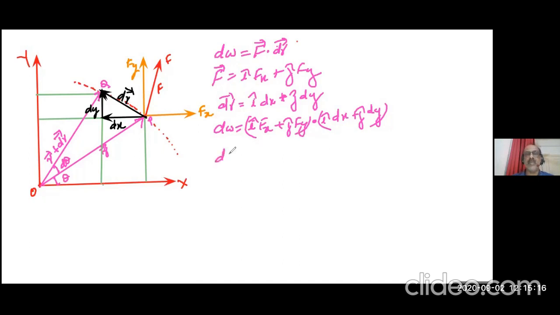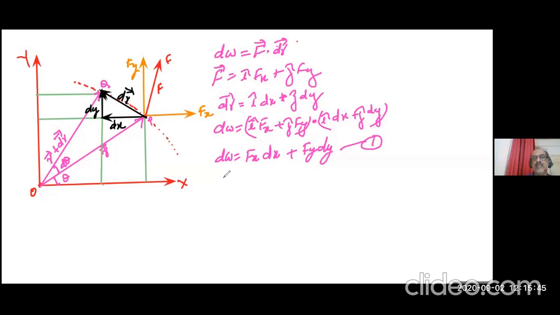So dw is equal to Fx dx plus Fy dy. Equation number 1. Any doubt? No, sir.